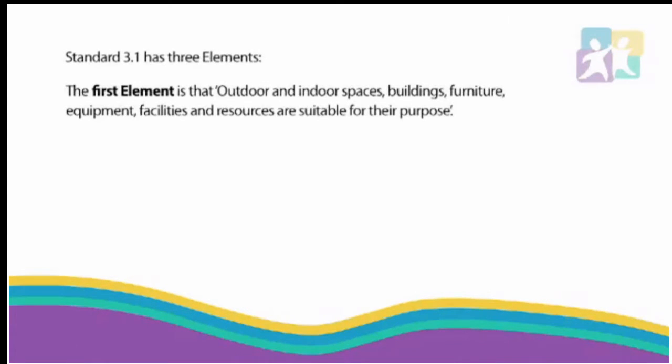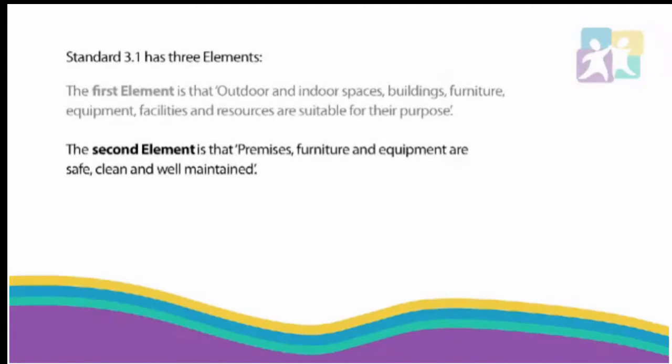The first element is that outdoor and indoor spaces, buildings, furniture, equipment, facilities, and resources are suitable for their purpose. Their purpose is promoting children's learning and development and ensuring the health and safety of children, families, educators, and staff. The second element is that premises, furniture, and equipment are safe, clean, and well maintained.